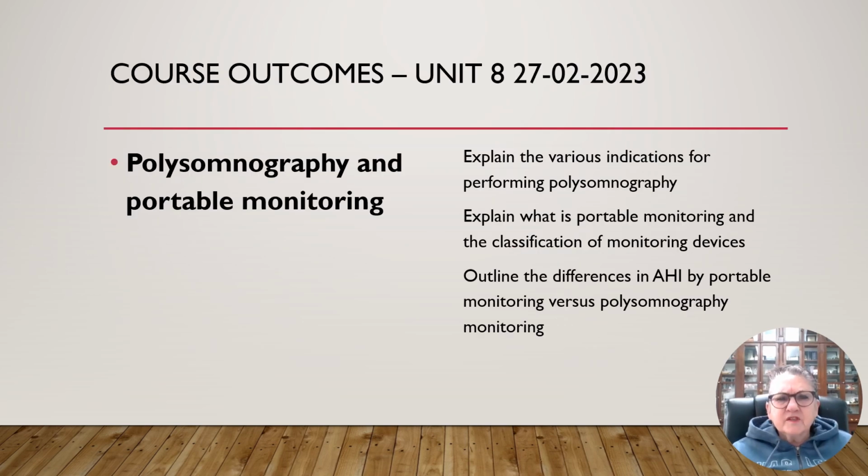As stated in your syllabus, we're going to go over the 7 objectives listed for polysomnography and portable monitoring. And they include: explain the various indications for performing polysomnography; explain what portable monitoring is and the classification of monitoring devices; outline the differences in AHI by portable monitoring versus polysomnography monitoring.